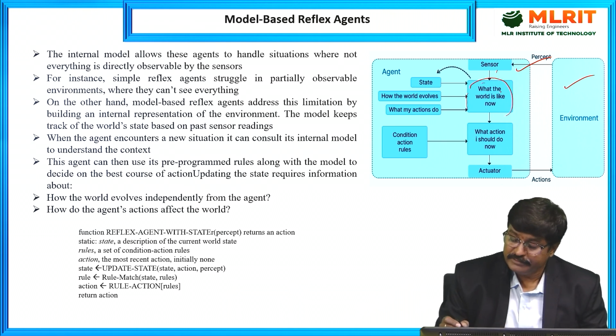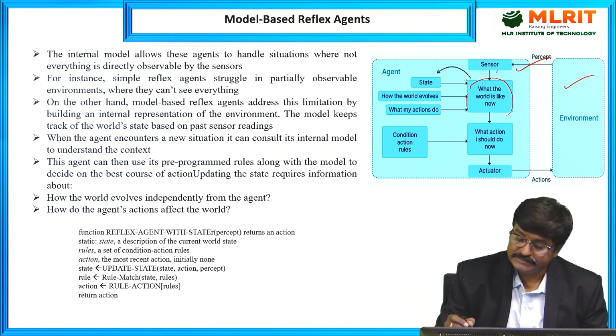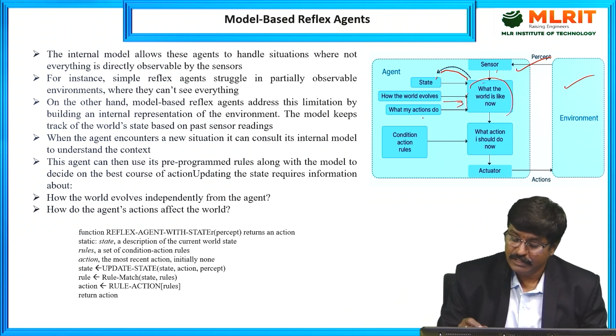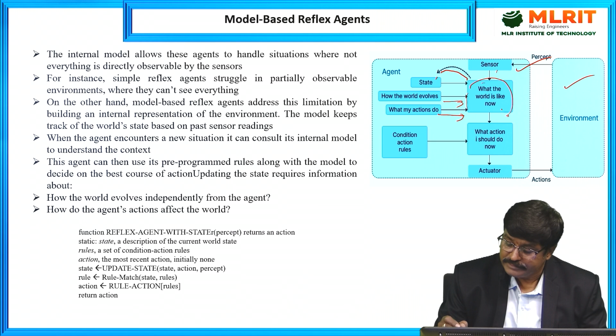In this agent function, there is what the world is like now, how the current perceptions are, and it has an internal state, and how the world evolves. Based on the present state and how the world evolves, it takes decisions. That is the decision: what action should I do now?